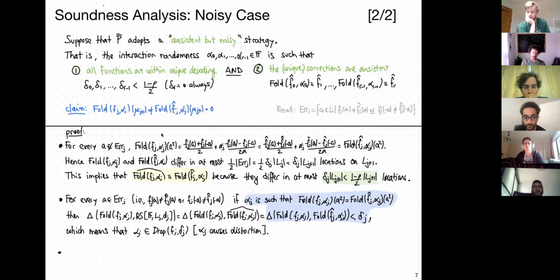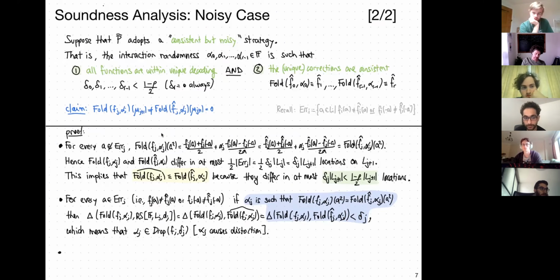Because we can't lose distance: losing distance is exactly having a distortion, and we said this is the case where the analysis showed that there is no distortion.